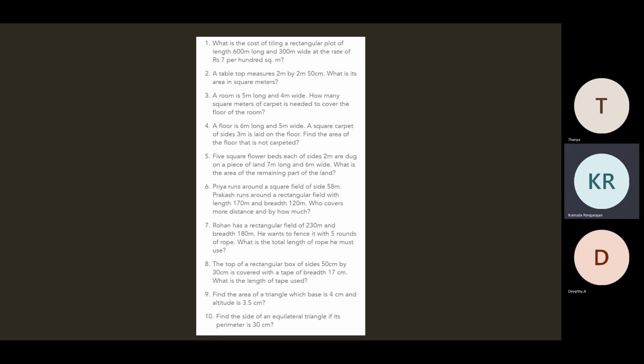Next one. 5 square flower beds. See, another thing is we need to read the question slowly, and we need to read the question to understand the question. Sometimes, we just read the question simply as a formality. We don't understand the information given in the question, but we start thinking about the answer.